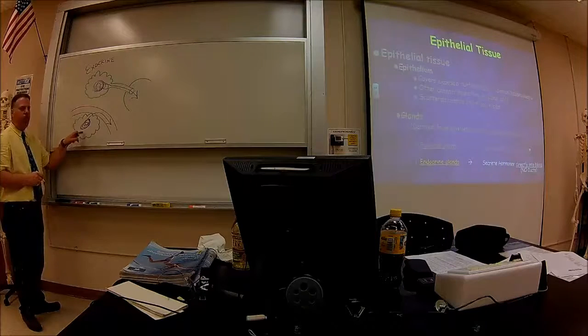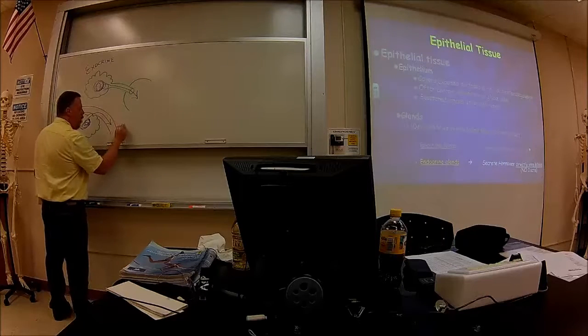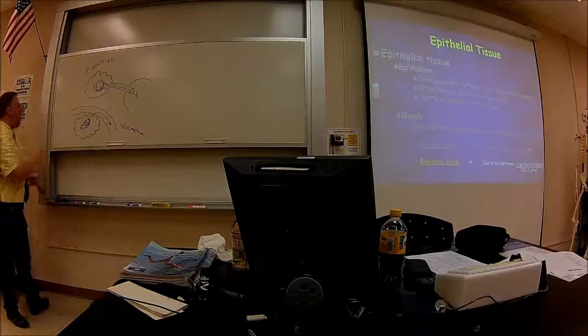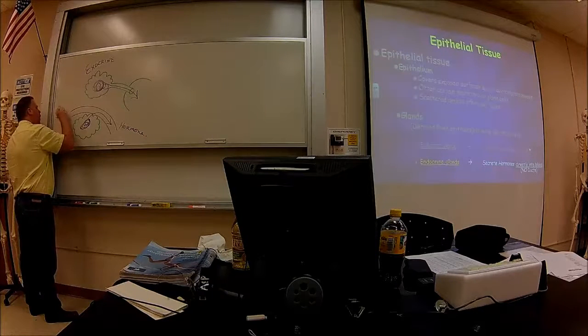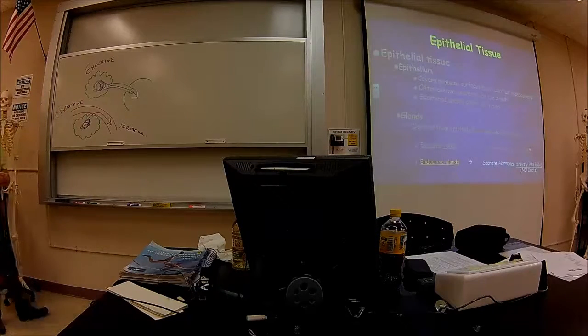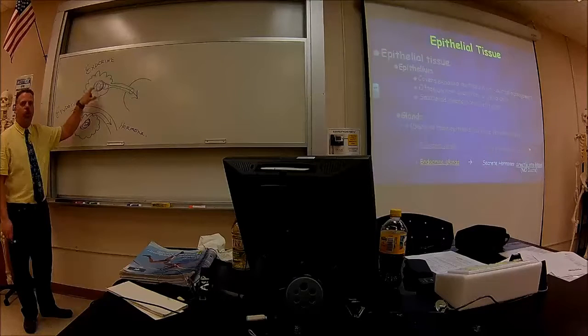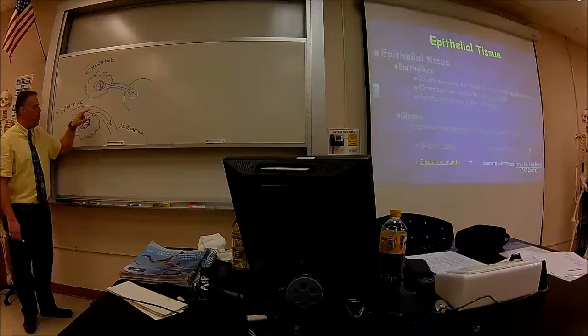This secretion is always going to be called a hormone, and this type of gland is called an endocrine gland. Things over here is anything but a hormone. Could be enzymes, could be water, could be mucus, but not hormones. Hormones go directly into the bloodstream.